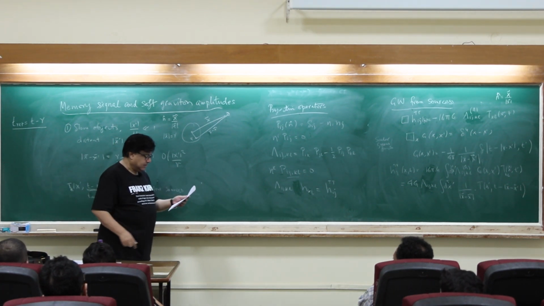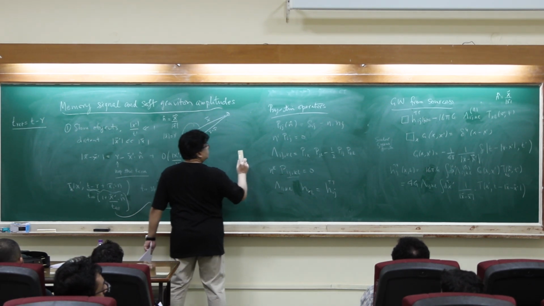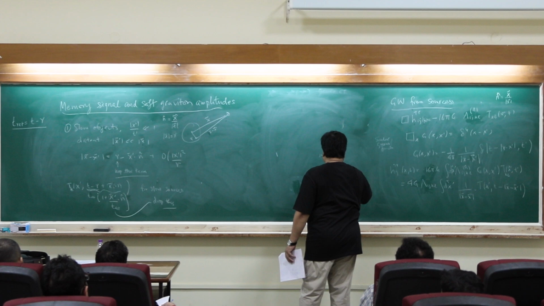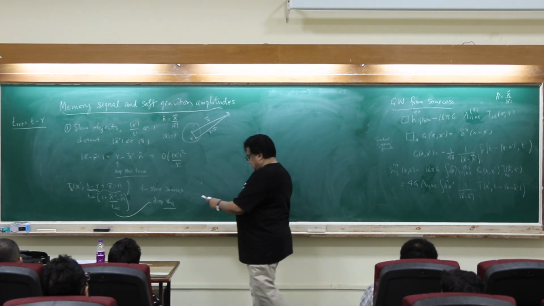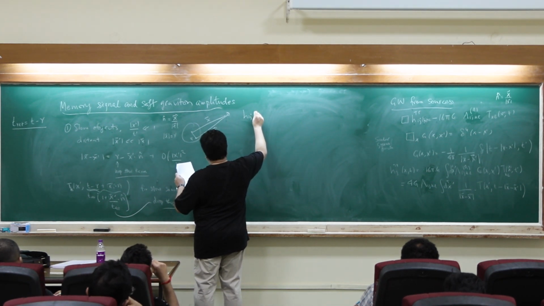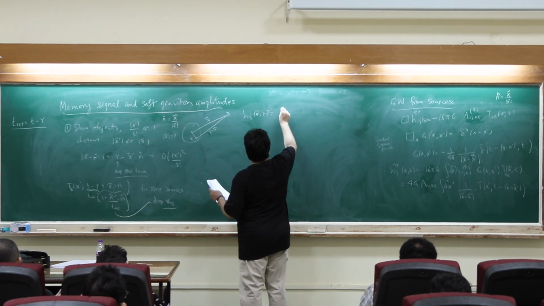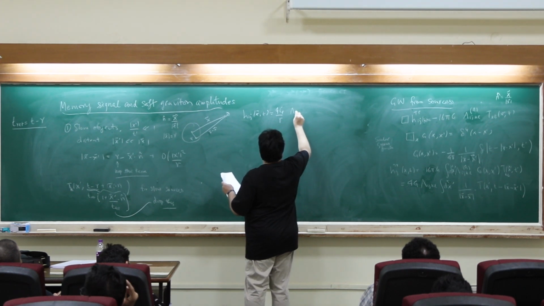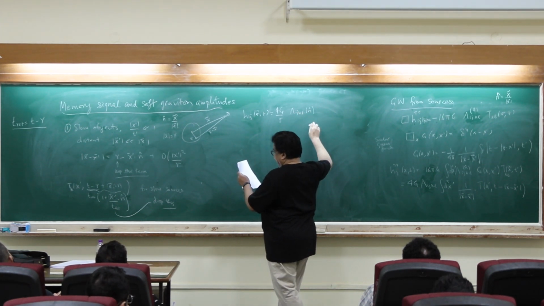So in the end we are left with h_ij of x, t equal to 4G by r lambda ijkl n. Okay.